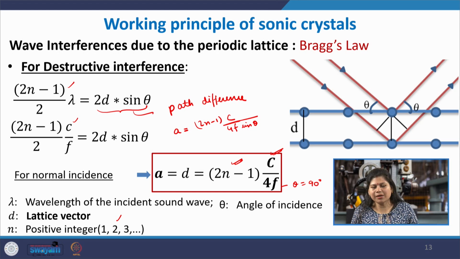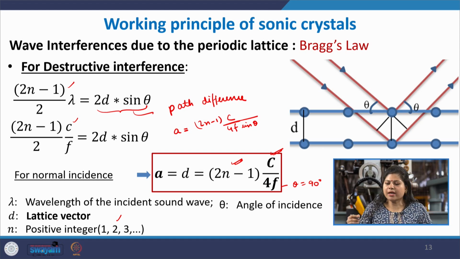In that case, what happens is that the sound waves are incident and then the reflected wave is going back, but it is ultimately getting cancelled. So, there is a perfect cancellation of the reflected waves. Ideally there should be a perfect cancellation, though it does not happen in reality because of various other unknown factors.